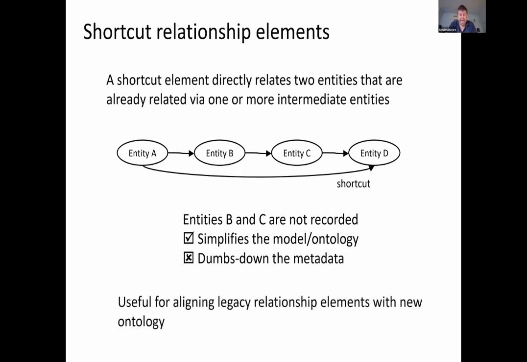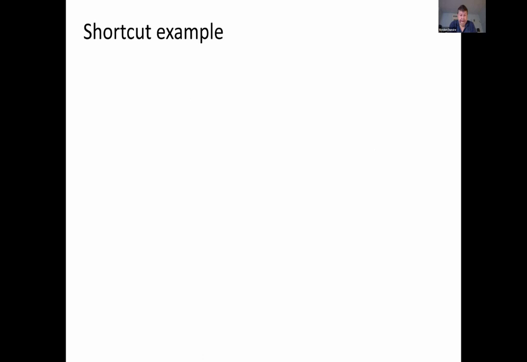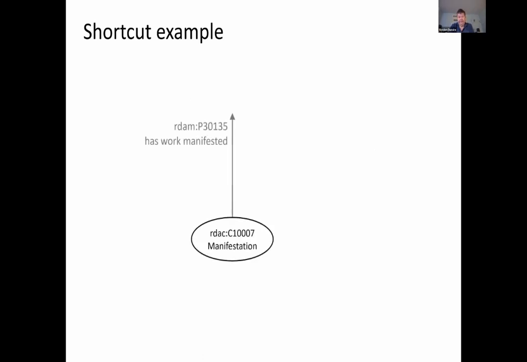As I said, it's very useful for aligning legacy relationship elements with a new ontology. And here's a fairly obvious example from RDA. RDA has always had a relationship that directly relates a work to its manifestation. But when we implement the LRM, we discover the LRM has no such relationship element.